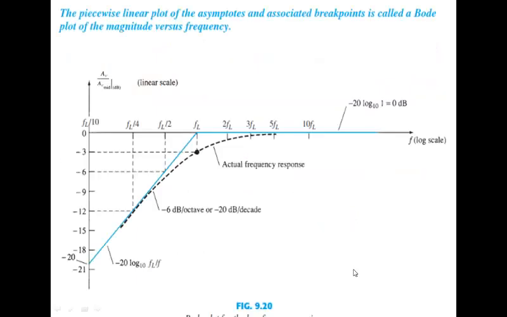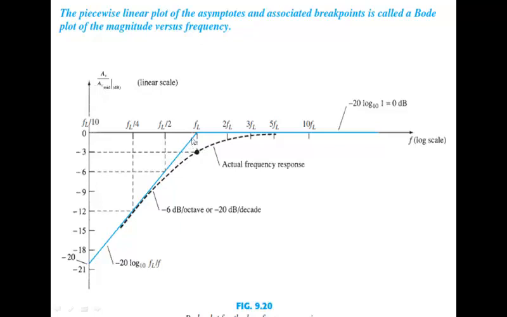So you can see that the response at FL is at 0 dB, and after one octave change, halving the frequency, the response is decreasing by minus 6 dB, and for another octave change, the response goes to minus 12 dB, and so on.